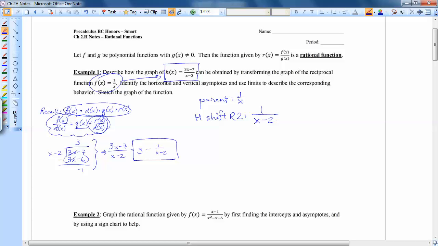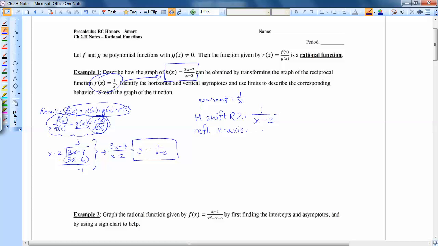Then another thing I notice is that there's a negative in front of the whole thing, in front of the 1 over x minus 2. So if I turn the whole thing negative, that's the same thing as saying a reflection about the y-axis. So that takes my entire function and changes the, wait, over the y? I'm sorry, over the x-axis. Yeah, over the x-axis.